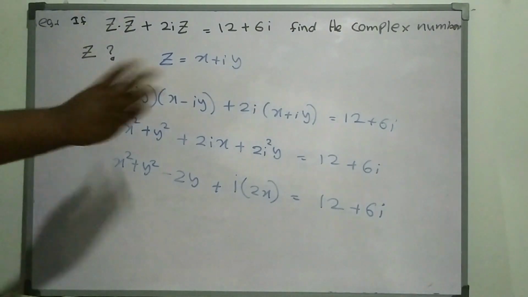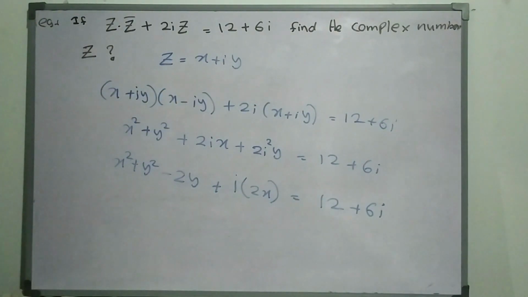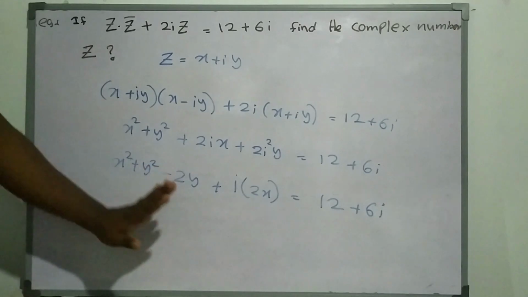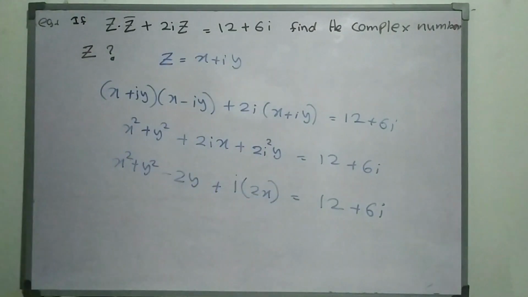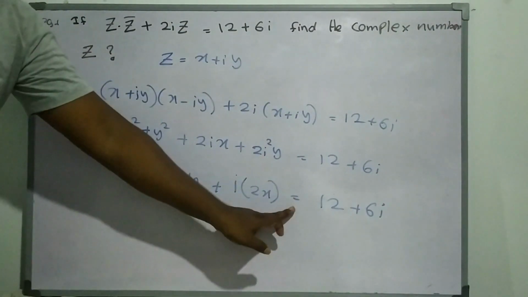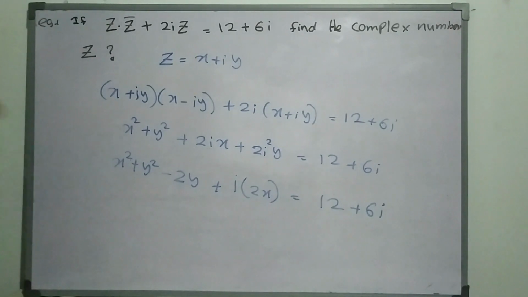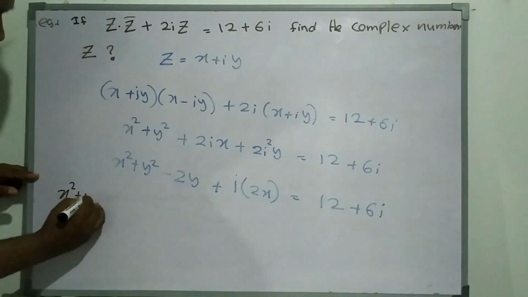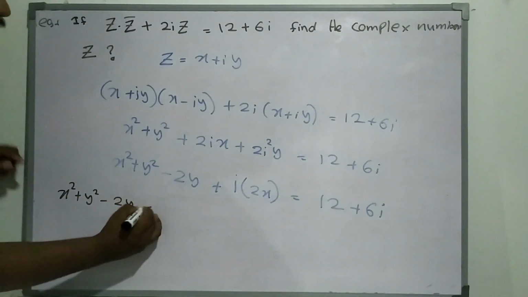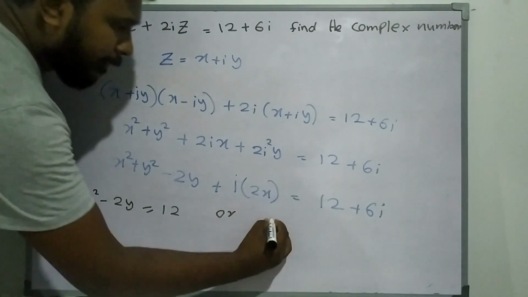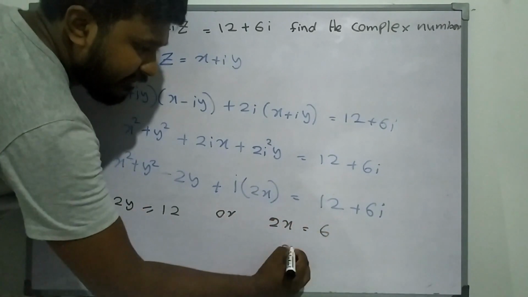So comparing both, the real part and the imaginary part, these are two different complex numbers but they are equal. Equal means the real part and the imaginary part both should be equal. So we did this theory: x squared plus y squared minus 2y equals 12, and 2x equals 6, so x will be 3.